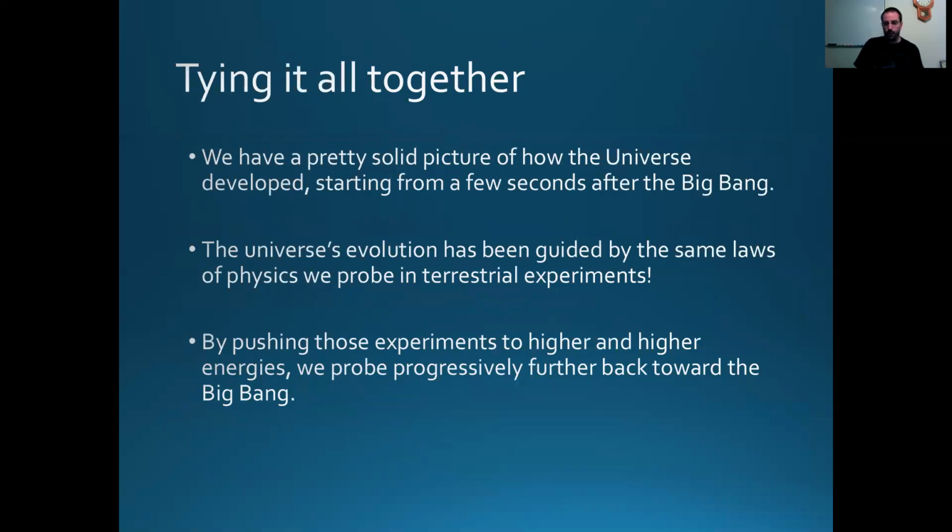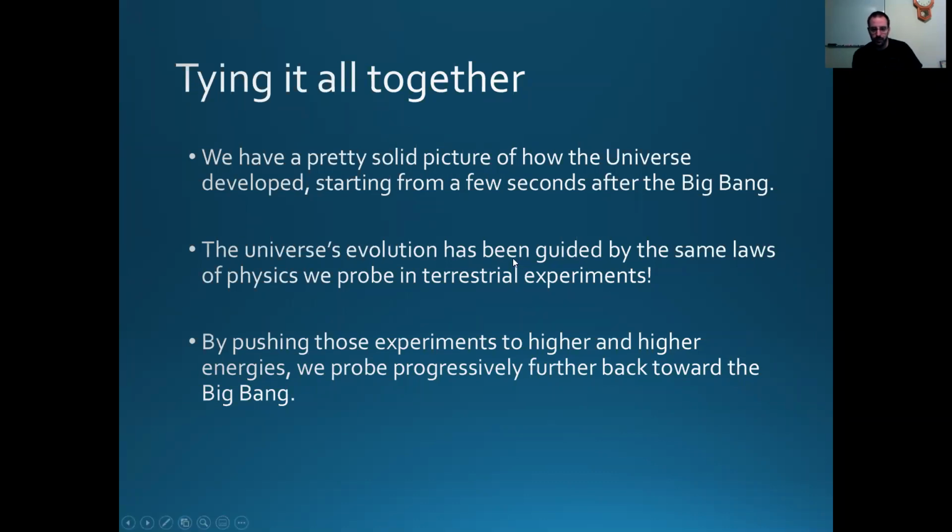So anyway, I've talked for an hour now, so I'm going to tie it all together very quickly. We have a pretty solid picture of how the universe developed, starting from a couple of seconds after the Big Bang, from really hot, really dense nuclear fusion and all of that, going into the cosmic microwave background, then into the evolution of stars and galaxies.